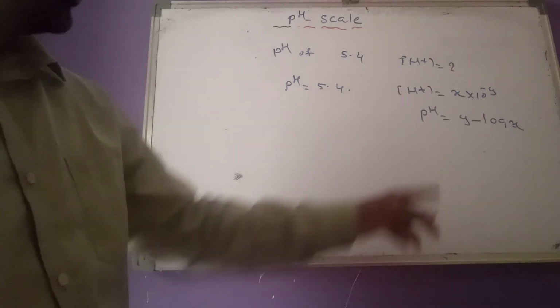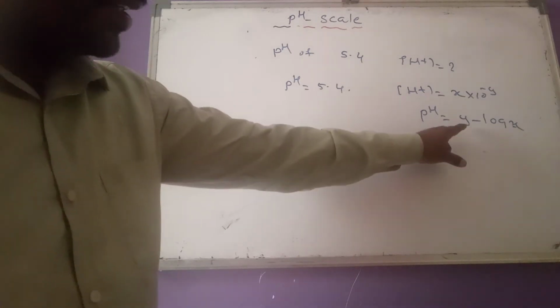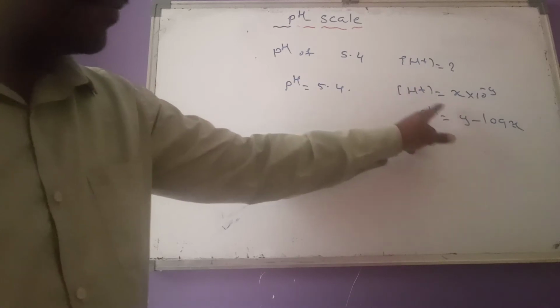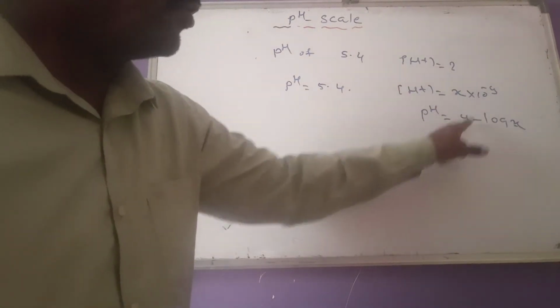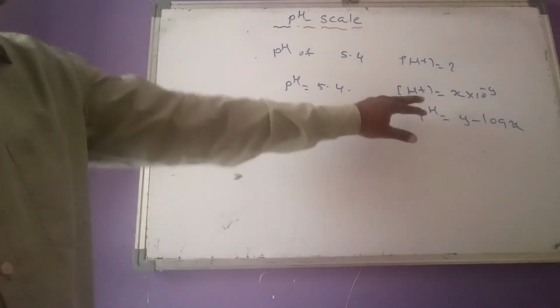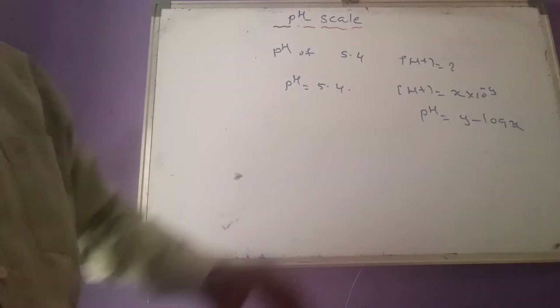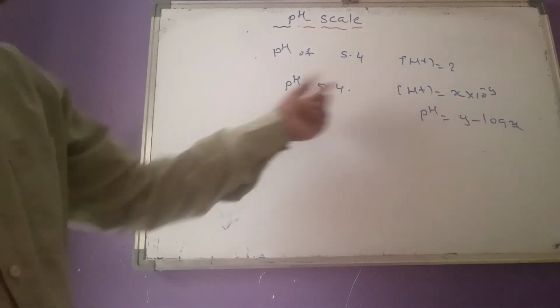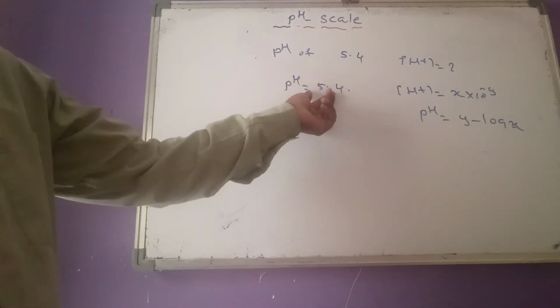That means if pH is present in the form y minus log x, H plus can be written as x into 10 power minus y. We have to remember these two relations. Now, to calculate H plus ion concentration, they have given pH 5.4.